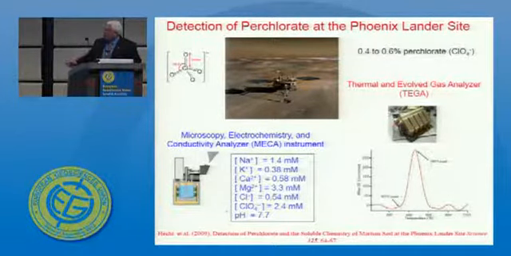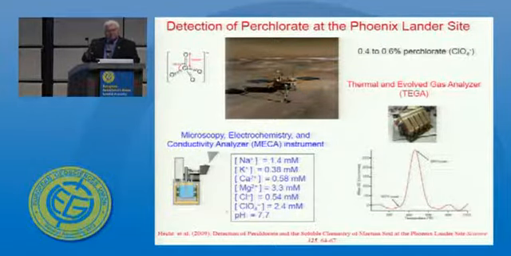No chlorine species were detected by TEGA, and the explanation was that any chlorine species reacted with nickel in the oven, so nickel sequestered all chlorine compounds, and there were no chlorinated compounds observed. Nonetheless, this indicated the presence of perchlorates in the Martian surface.